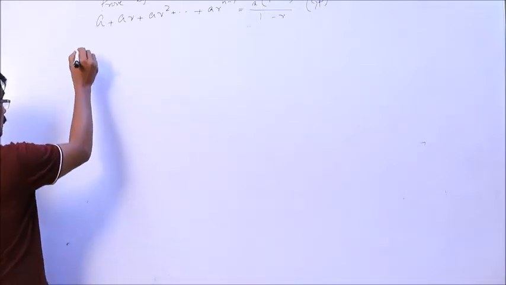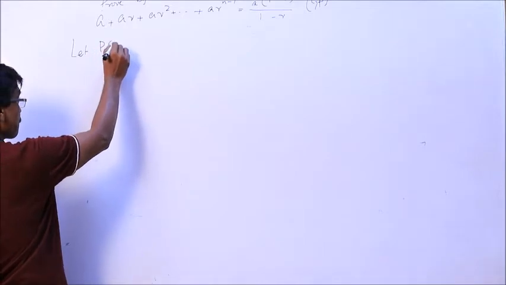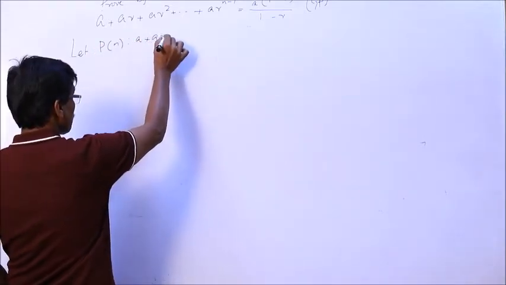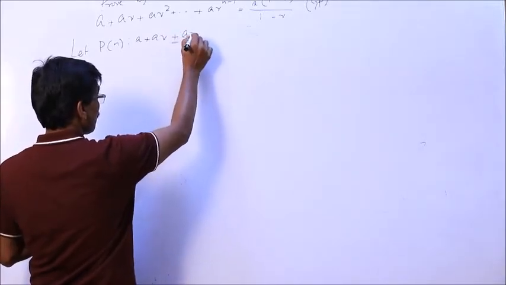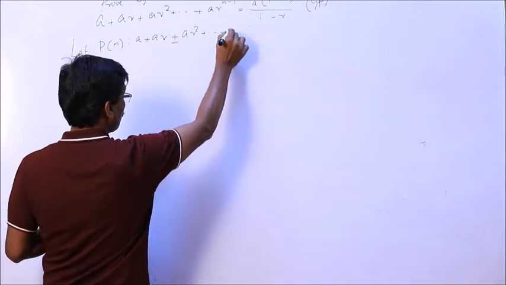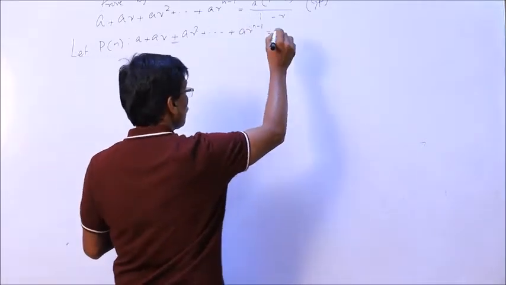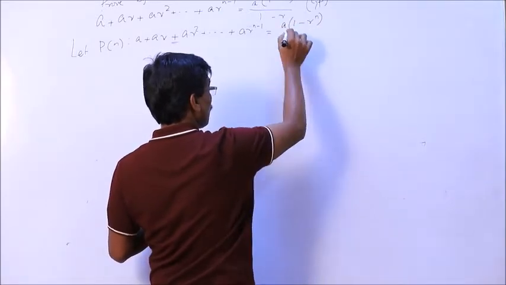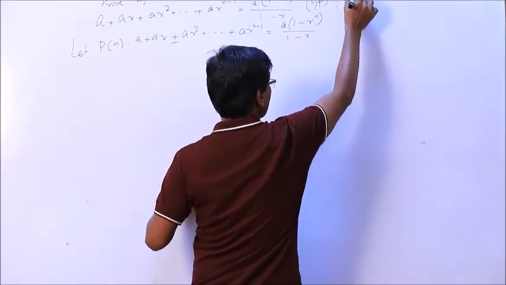So, how to prove this? Again, let Pn be the given statement, that is A plus AR plus AR square up to AR to the power n minus 1, that is equal to A into (1 minus R to the power n) by (1 minus R), provided R is not equal to 1.